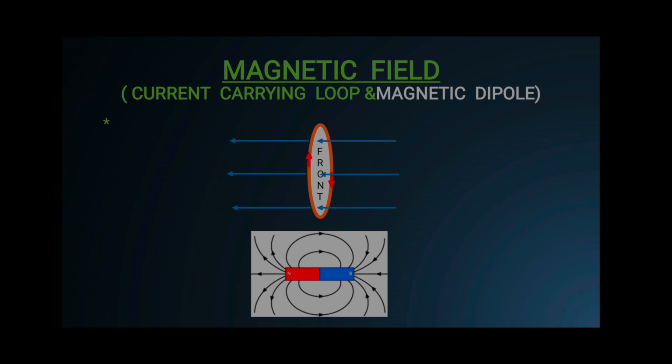If I compare the magnetic field due to this current carrying loop with that of a magnetic dipole, it is very much similar. In case of magnetic dipole, magnetic lines enter from south pole and leave the magnet from north pole. Similarly, magnetic lines enter the current carrying loop from front side and leave the loop from the back side.